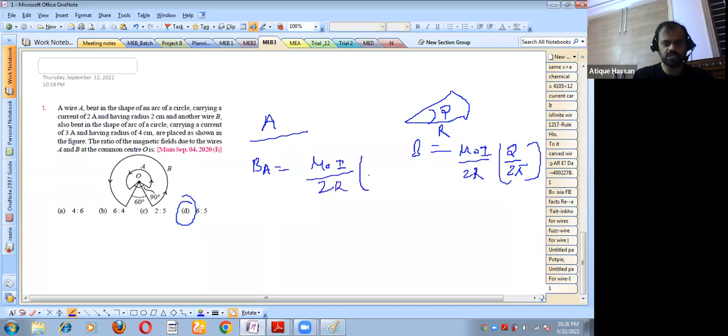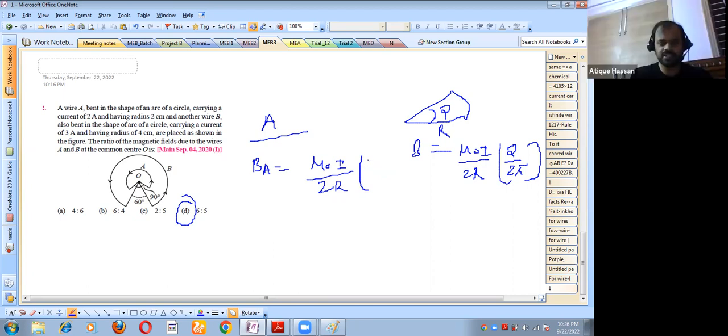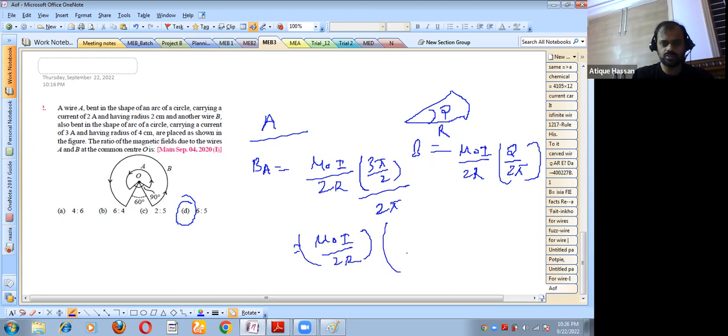What is the theta here due to wire A? 270 degrees. Correct, 270 degrees. It means 3 pi by 2, divided by 2 pi. So we take mu naught I by 2r outside, and it will be like 3 upon 4.